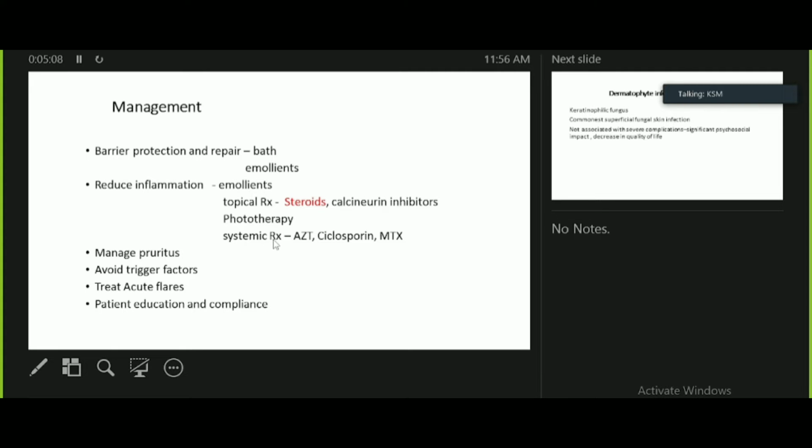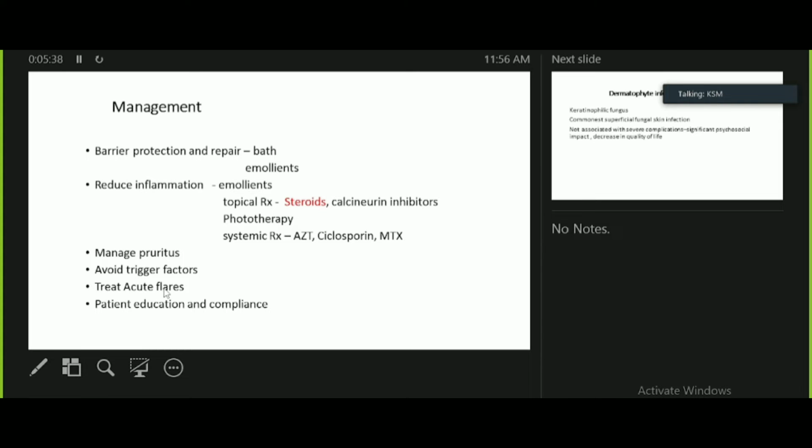And then the systemic treatment, azathioprine, cyclosporin, methotrexate, these immune suppressive agents are widely used. Also, eczema is a very itchy condition, so we need to attend to the pruritus. Patients need antipruritic agents. And also, however much you treat, you have to advise them on avoiding trigger factors, otherwise the recurrence is common and exacerbations are common.